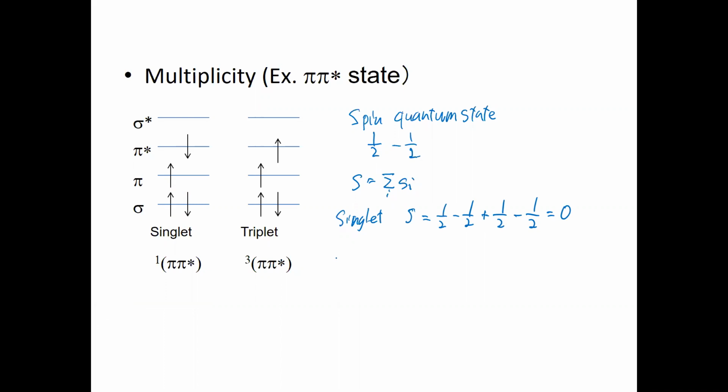On the other hand, in the triplet state, the initial two electrons are the same, but S equals 1.